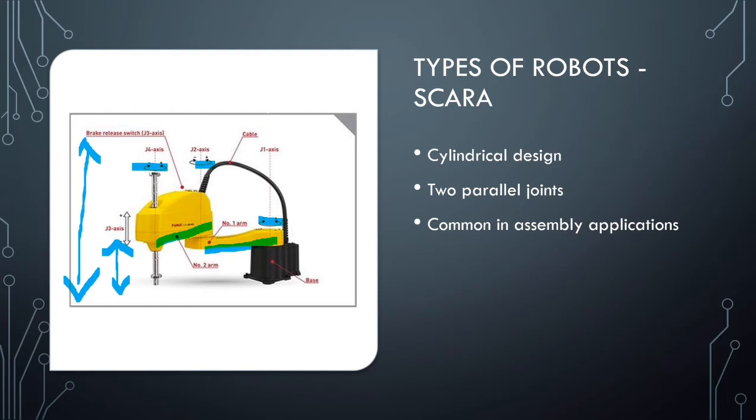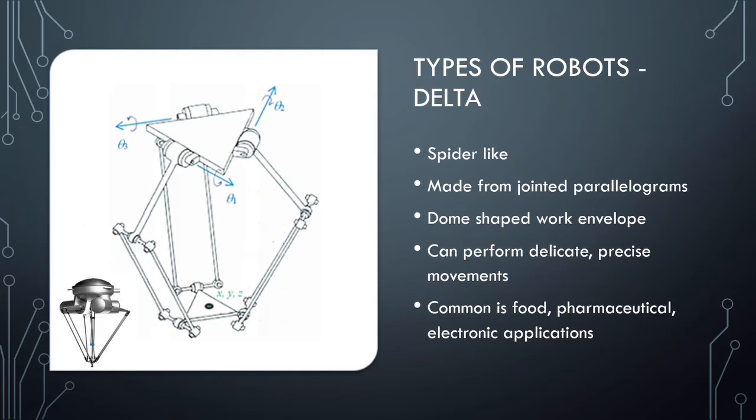The sixth and final type of robot that will wrap up our robotics discussion for this week is the Delta robot. This is a little bit spider-like, if you will, in the way that it looks and moves, and it's made from jointed parallelograms. We have a triangle up here and a triangle down here, and these are connected together by a very unique means of connection.